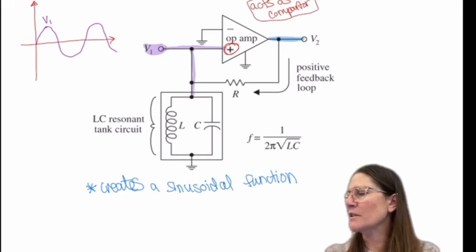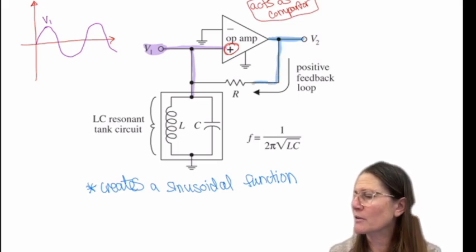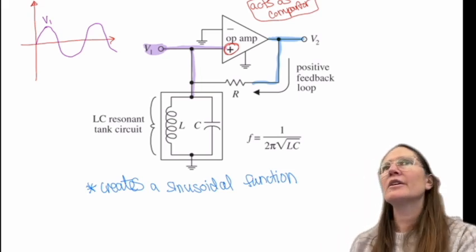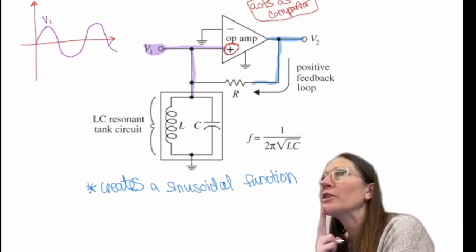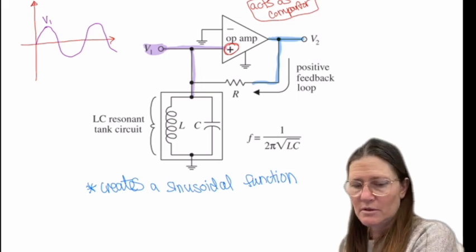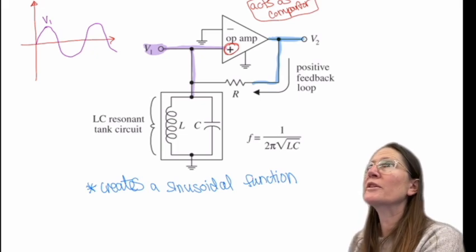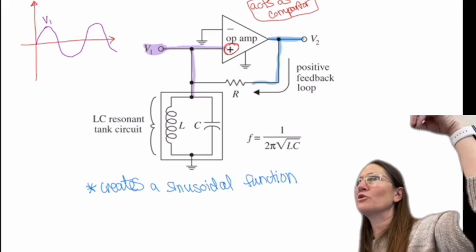So what do you think happens at V2 then? When V1 is positive, what's the output? The plus side is going to be greater than ground, right? So what do you get out?